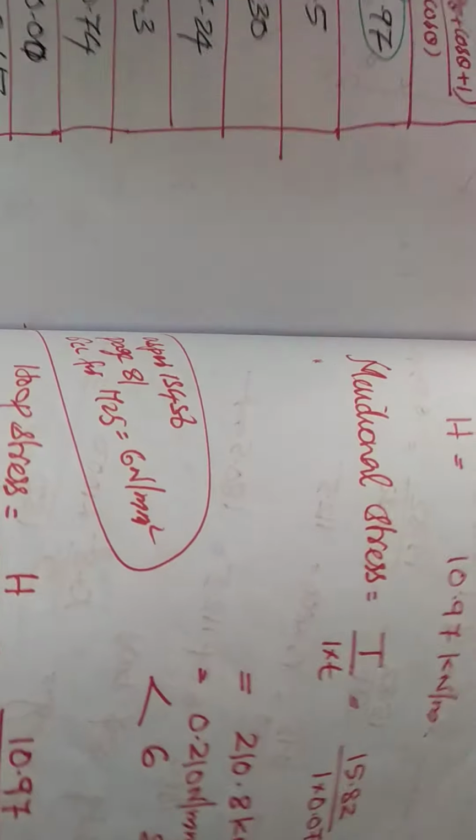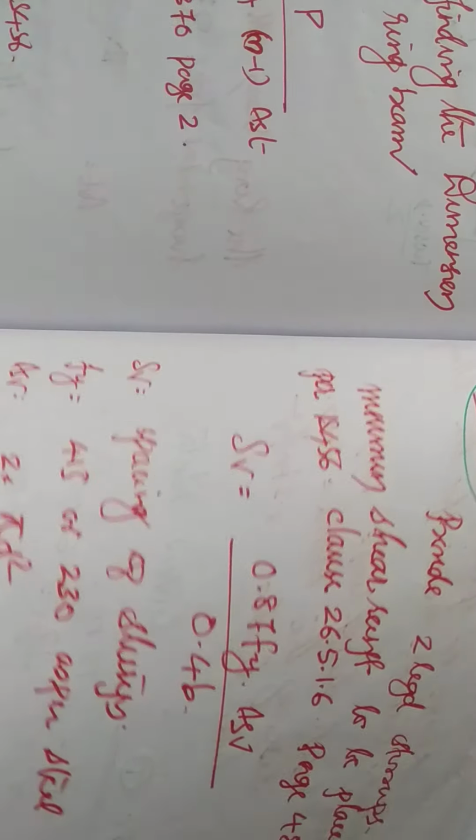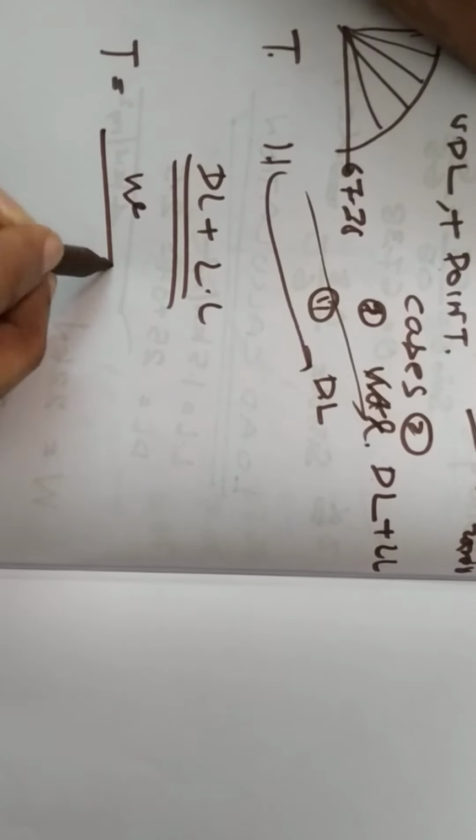So we know that T due to dead load, I think we have got the formula. T is W divided by 1 plus cos theta. This is for UDL.